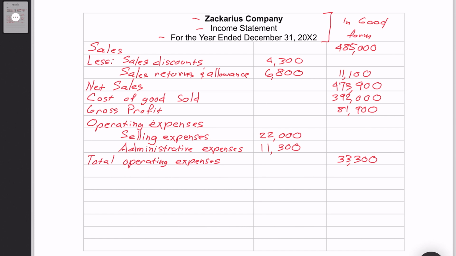And because that's a total, I'm putting it in the right-hand side. That's going to lead us to the income from operations. And I'm going to take the 81,000, subtract the 33,300 from it, and we are going to end up with $48,600 as our income from operations.